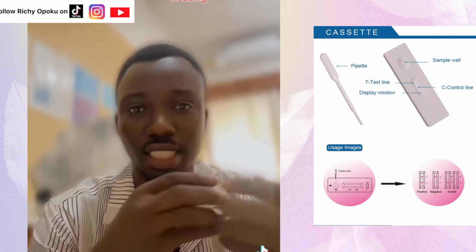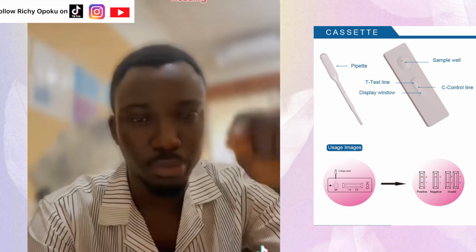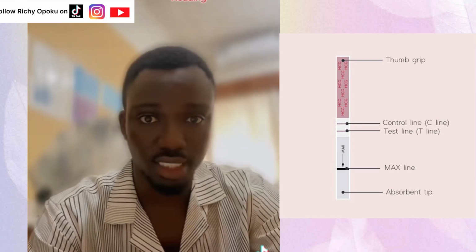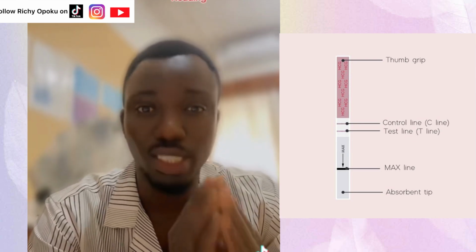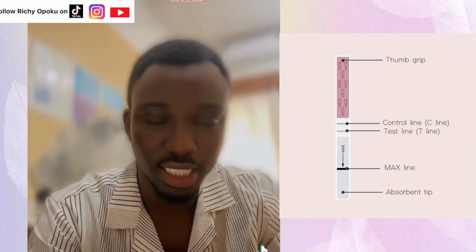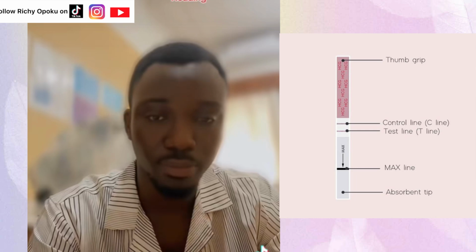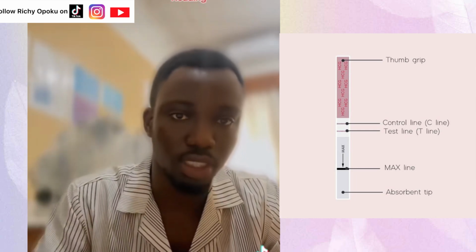That means you should always see a mark on the C, put there to check the validity of the test. In simple terms, it checks that your test was successful and that your test kit or your cassette is working. That is the function of the C. And the T is the test result, be it positive or negative.